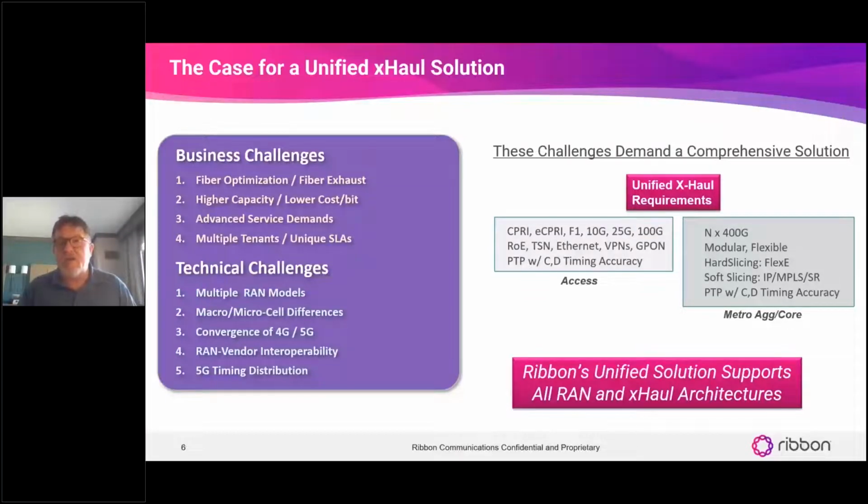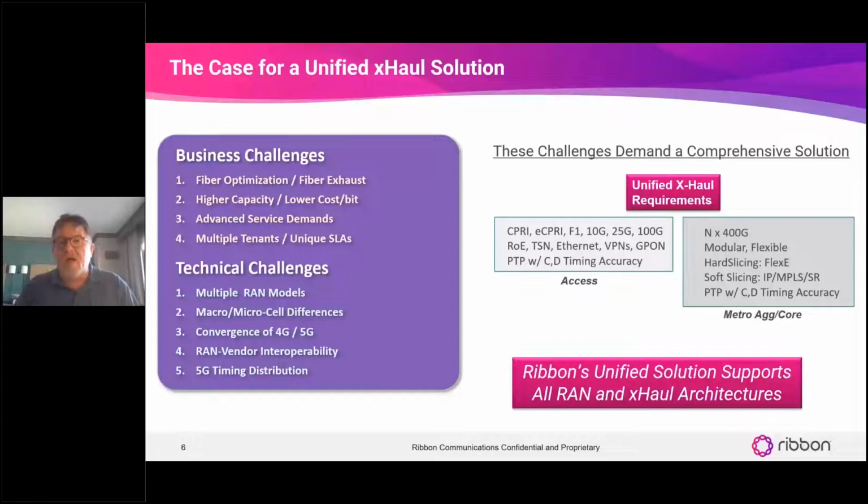Imagine an autonomous vehicle that has some onboard intelligence, but is counting on a 5G network to communicate with it, to give it traffic conditions and so forth, right? Well, that's a vehicle moving in real time. It cannot be delayed. Timing sync is absolutely paramount there. And so the timing accuracy for 5G is an order of magnitude or more important than it was in 4G. So there are special timing considerations there.